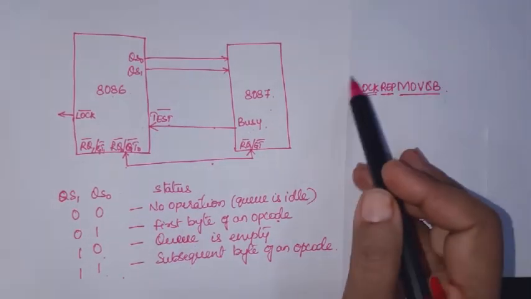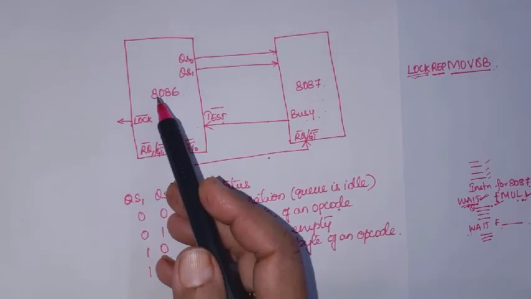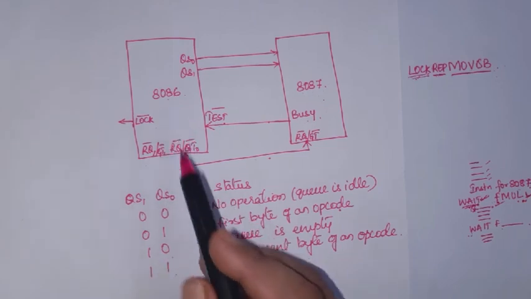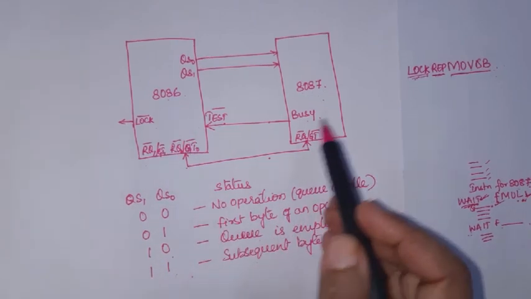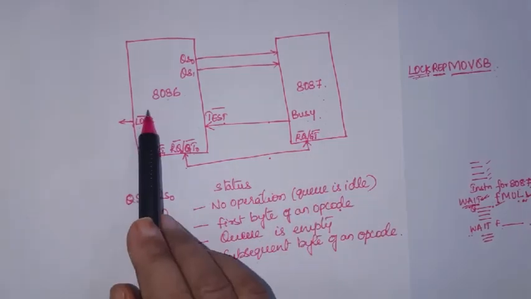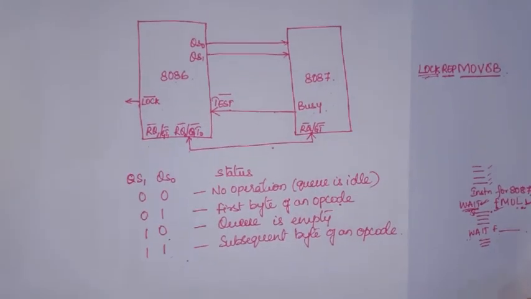Once this is finished, this signal will go high. Then the processor can accept requests for the system bus. Okay, so this is about LOCK bar. I think we have already discussed all the pins of the maximum mode configuration.